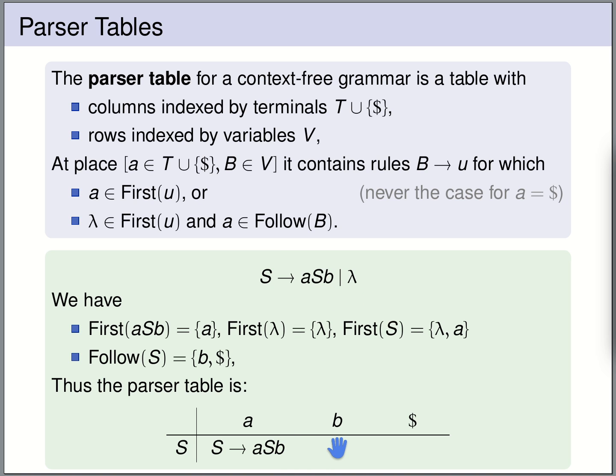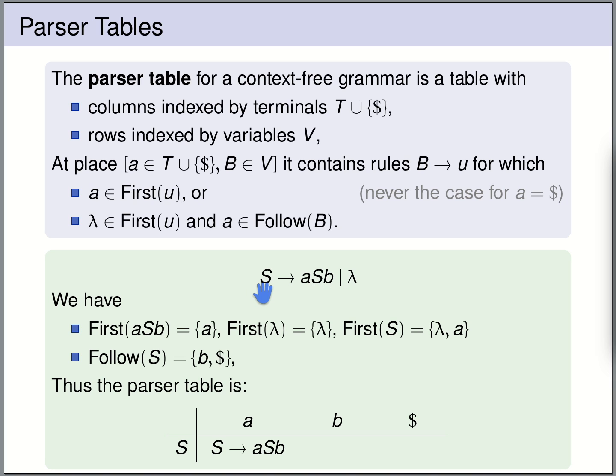Okay, let's look at the next cell. So here we have a cell indexed by B and variable S. We look at the first rule, S rewrites to ASB. Is B in first of ASB? No, first of ASB only contains A. B is not part of first ASB.